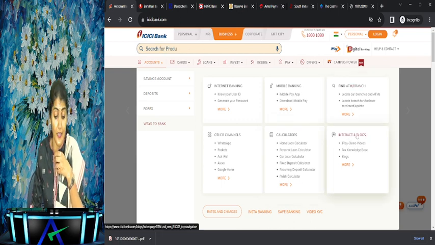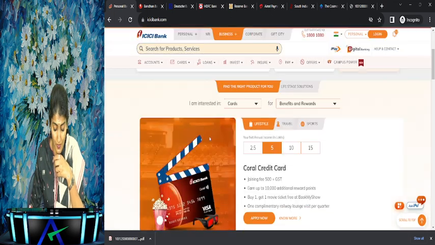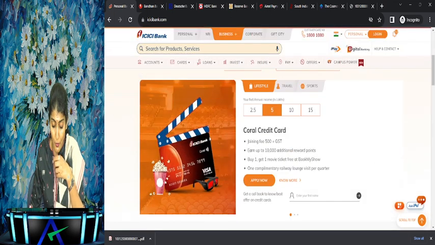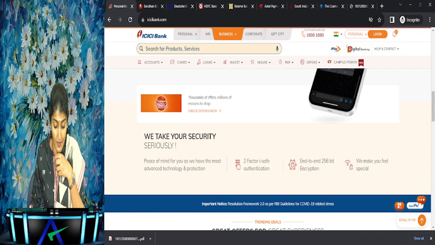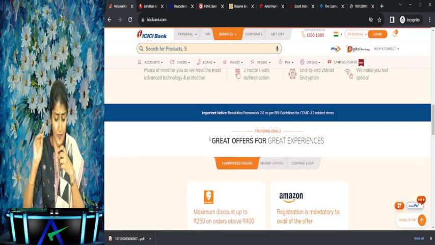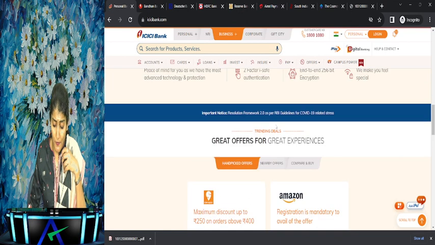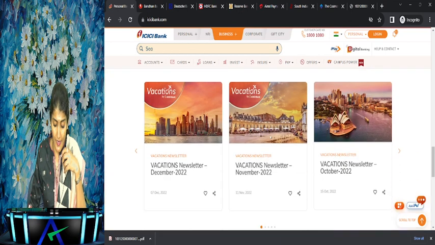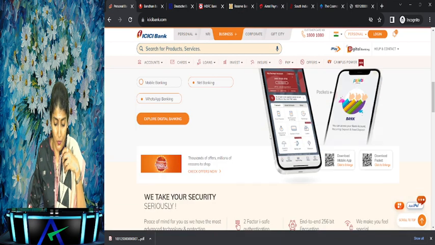So these are the various services. Apply for Coral credit card, digital banking, and we take your security seriously, greater offers for great experiences, and they have different offers given over there.